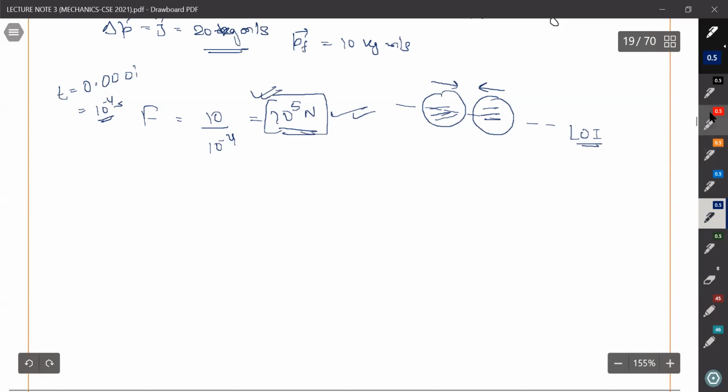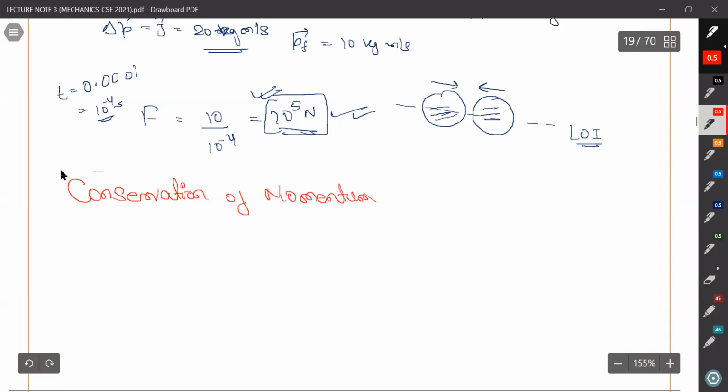Okay, now come to the conservation of momentum. So what do we understand by this conservation of momentum?